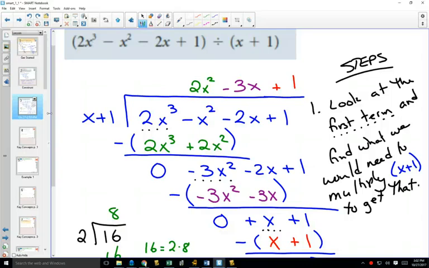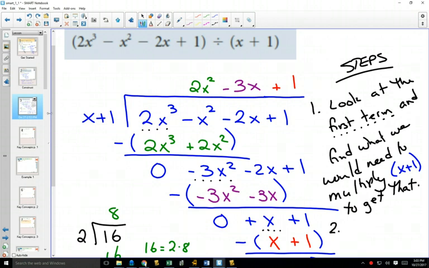The x plus 1 might be a different expression, whatever is in front. We look at the first term and find what we would need to multiply x plus 1 by to get that. Here's my first term, 2x cubed. What do I have to multiply x plus 1 by to get 2x cubed? I need to multiply by 2x squared.